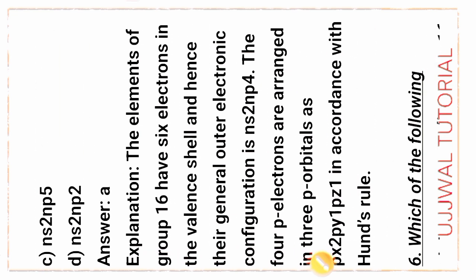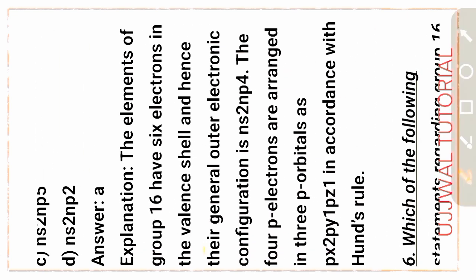To explain this part, the elements of group 16 have 6 electrons in the valence shell, and hence their general outer electronic configuration is ns2np4. The 4p electrons are arranged in p orbitals as px2, py1, pz1, in accordance with Hund's rule.